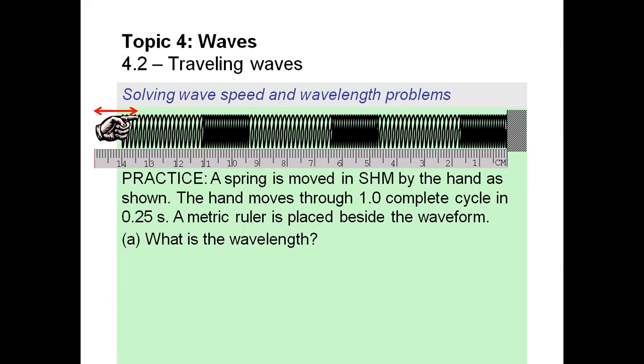Okay, to find the wavelength in a longitudinal wave, we should look at the distance between two compressions or two rarefactions. So we have a ruler, we can easily define the distance between two compressions. If you look at the spring on the right side here, the end of compression is here, and the end of the previous compression is here.